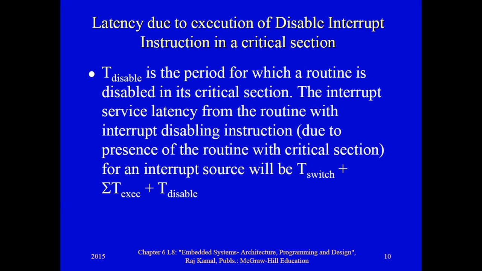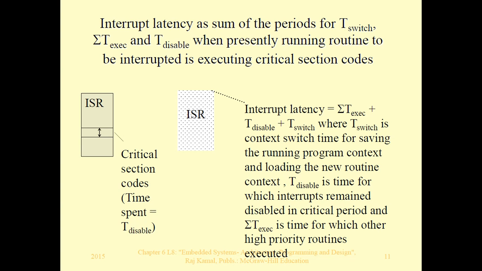So the interrupt service latency from the routine with the interrupt disabling instruction, that means due to the presence of the routine with a critical section for an interrupt source, will be calculated as T switch, the context switching time of interrupts, plus sigma T execute, the execution time of the particular interrupt, plus T disable. T disable is the period for which a routine is disabled in its critical section.